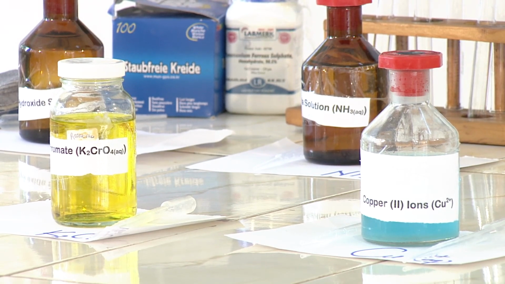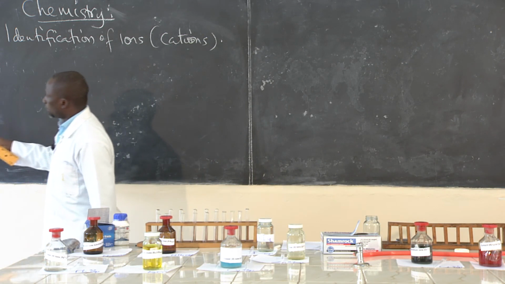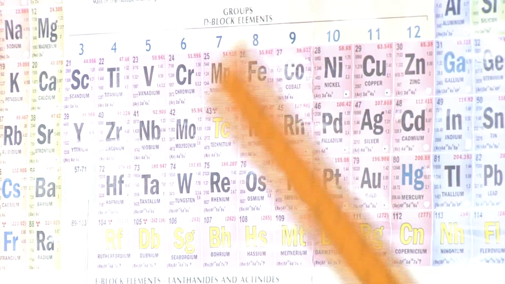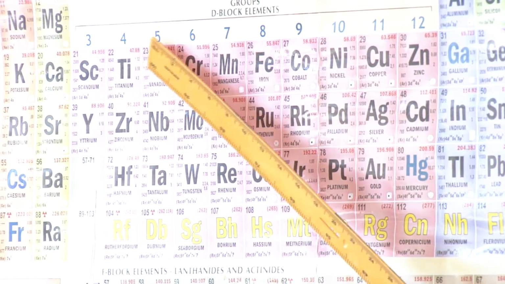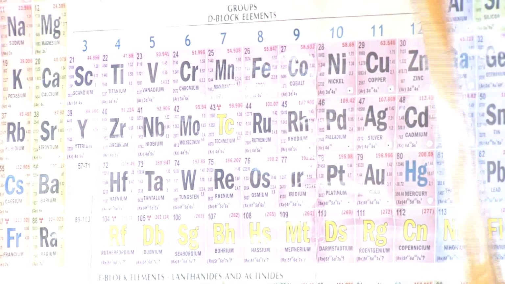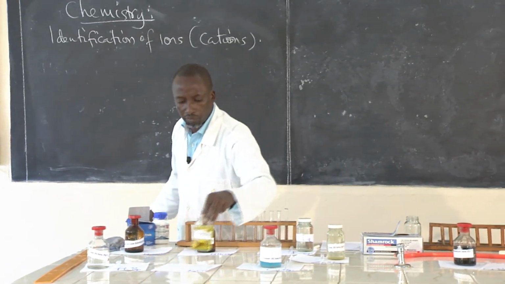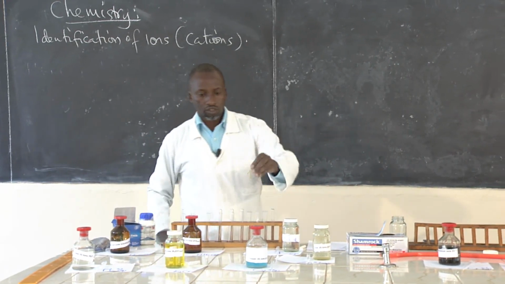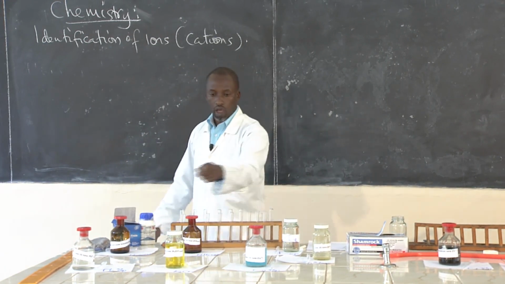If you remember what we mentioned in the previous lesson, these elements, the transition elements, form colored compounds. So this one contains chromium, which is also a transition element. This one contains copper, which is also a transition element. So that is why they look colored.